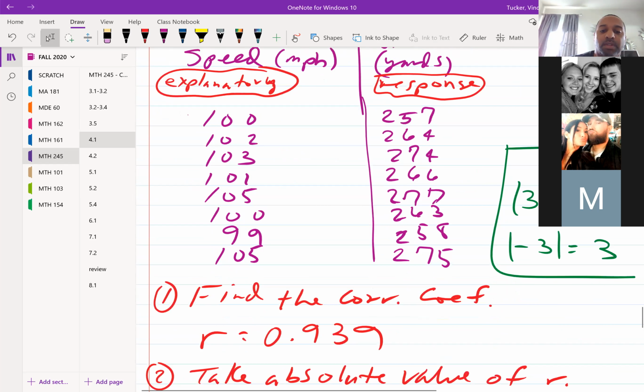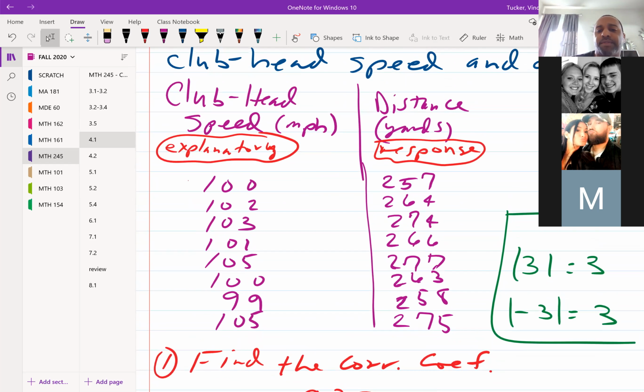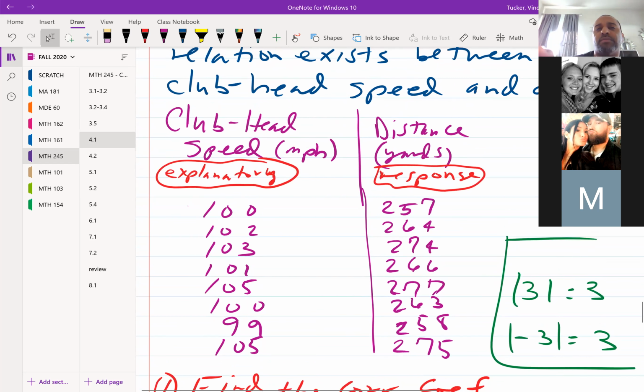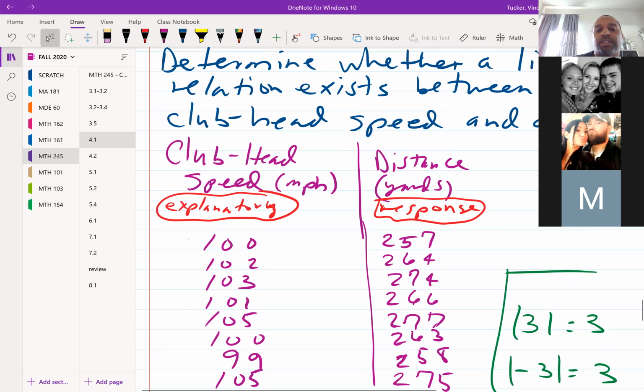So that's all there is to that. What I told that class, you didn't have to find this correlation coefficient anyway, so you don't have to worry about that. But I just went here to show you the difference between your explanatory variable and your response variable.